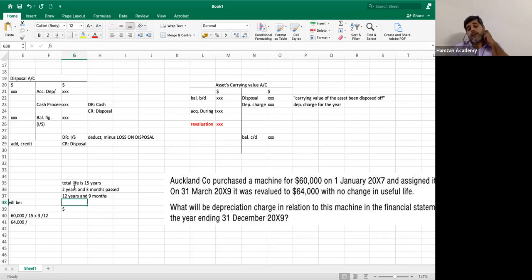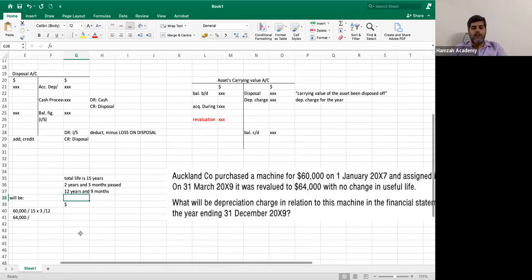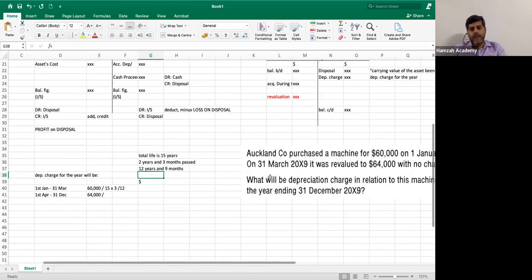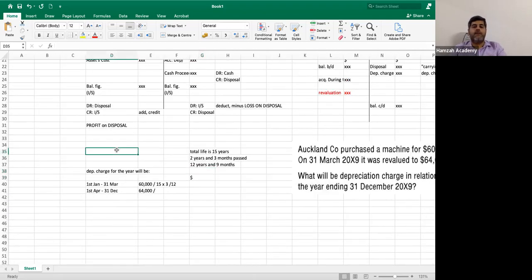Now, 9 months is 0.75 of a year, so we can write 12.75 into 9 by 12.